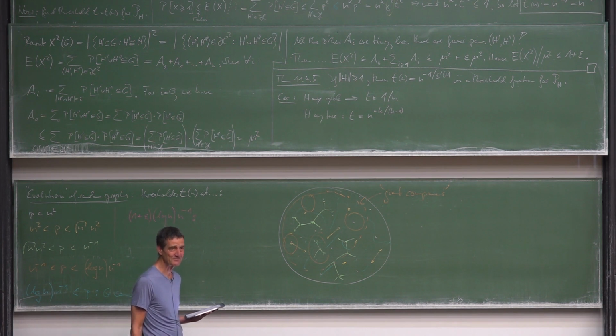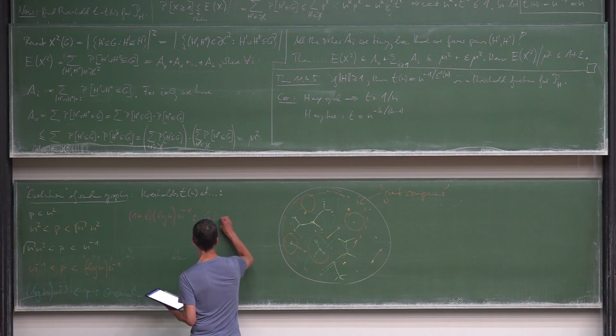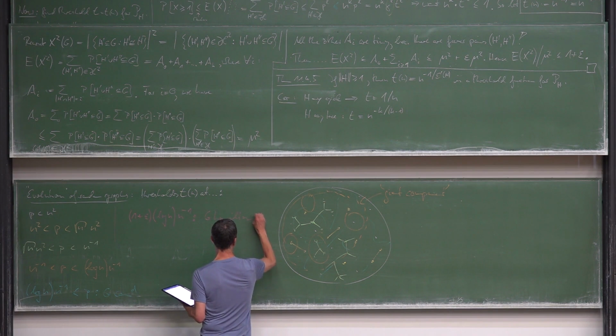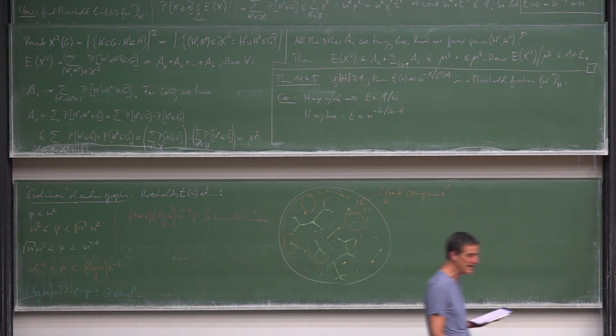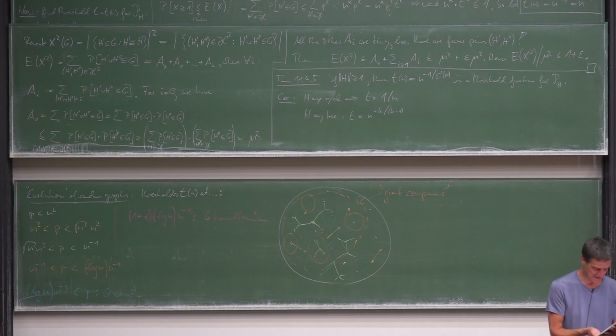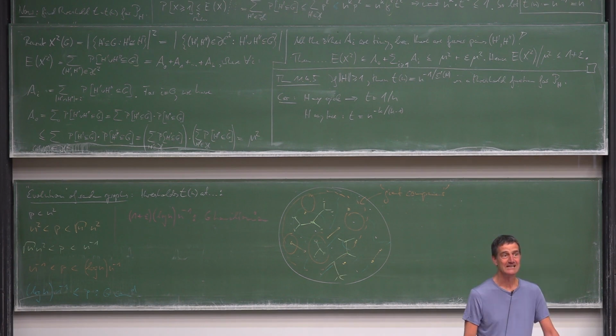Remember how difficult it was to force a Hamilton cycle? You need a min degree of more than half the vertices, something huge. Yeah, so that ends my overview of the beginnings of random graph theory.